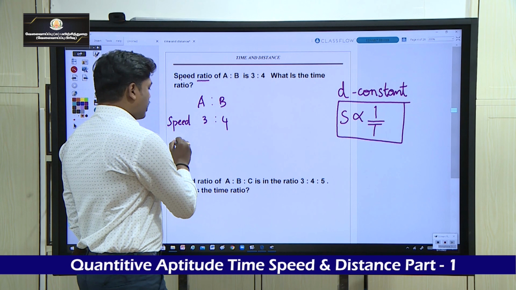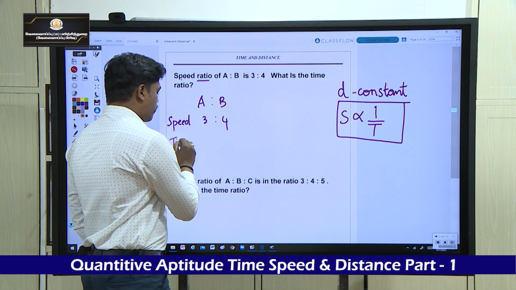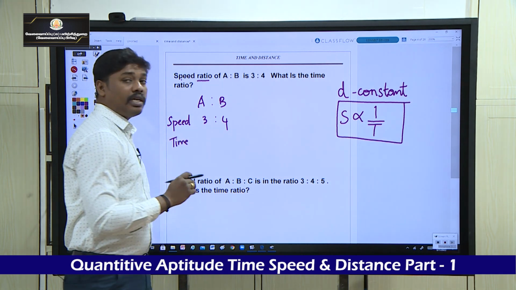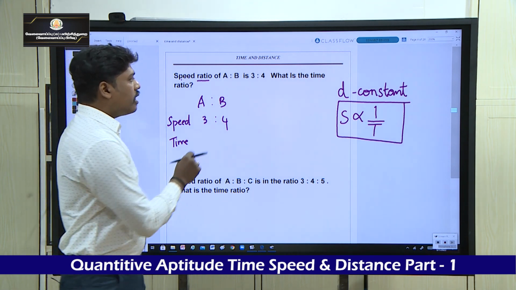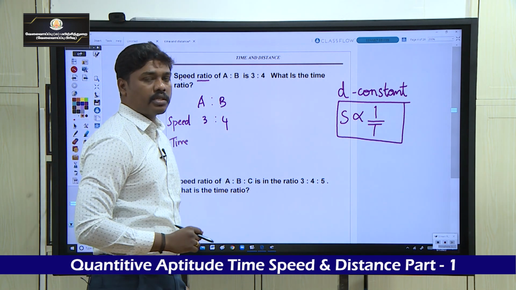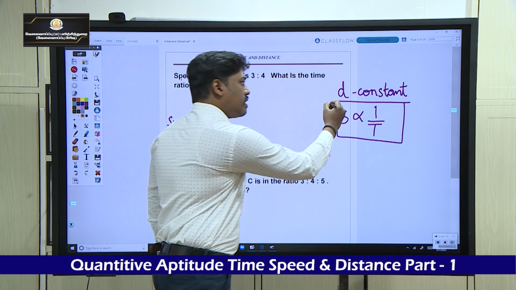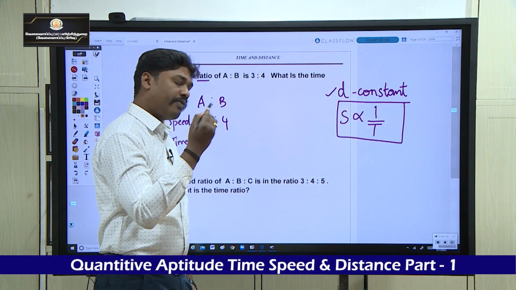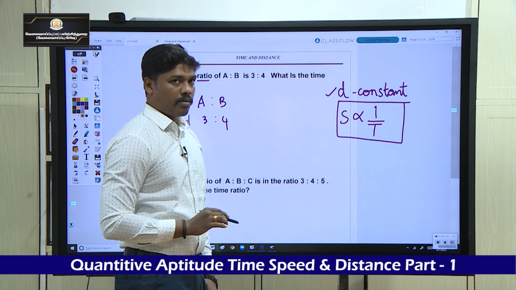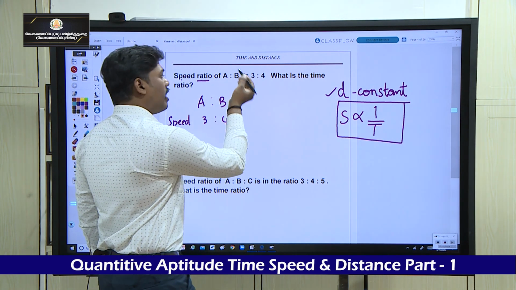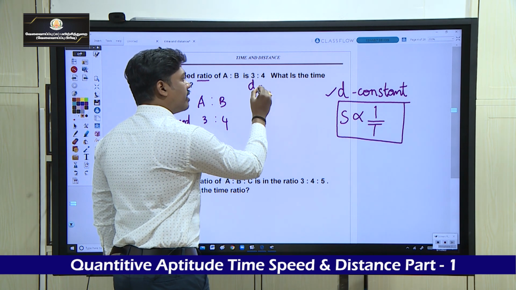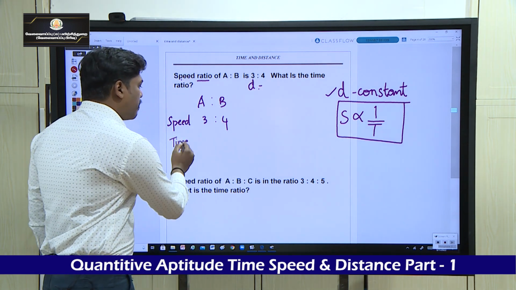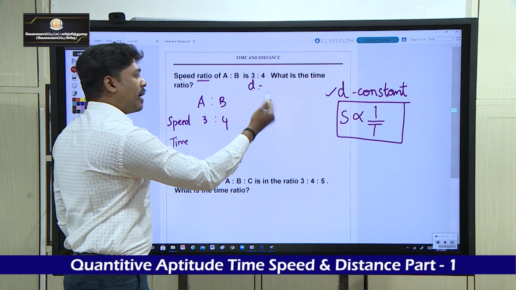They are asking what is the time ratio? Here they have not mentioned the distance, which means distance is constant. If we had different distances, they would definitely have mentioned it. So here we have to assume that distance is constant, which means speed is inversely proportional to time taken.